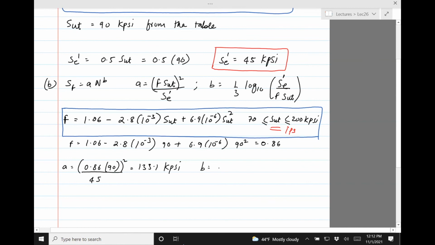And then B is 1/3 log to the base 10. So we have SE prime in the numerator, so that's 45. In the denominator, we have f times SUT. So f is 0.86, SUT is 90. So B comes out to be negative 0.07.